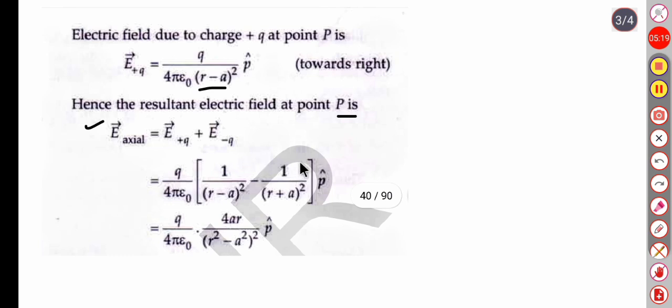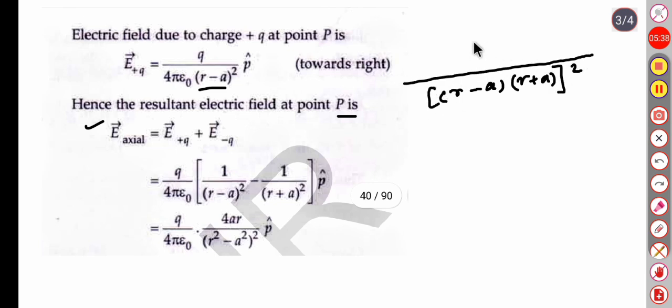Now if we simplify it, we take r minus a, r plus a whole square in the denominator, and in the numerator it will be r plus a whole square minus r minus a whole square.